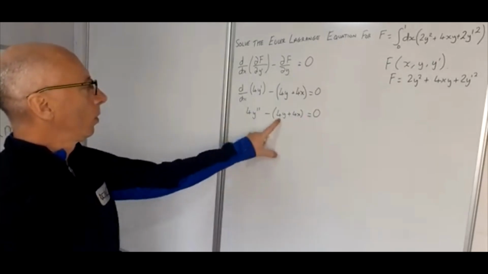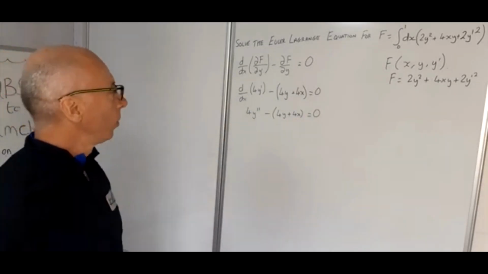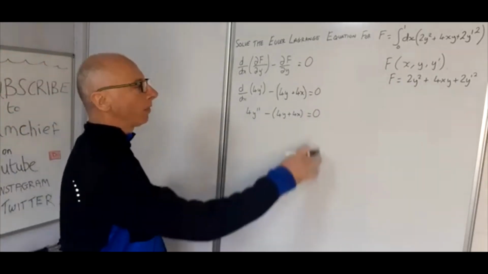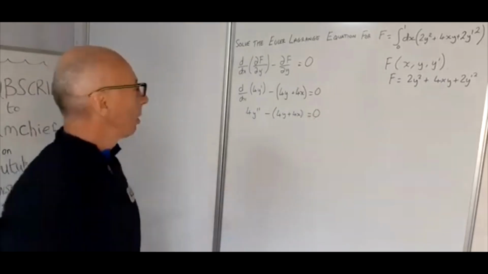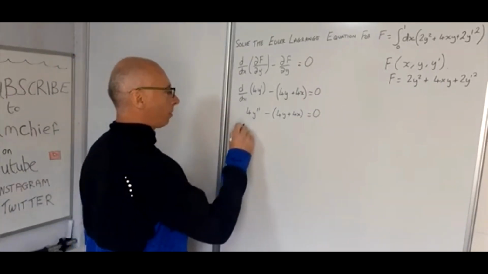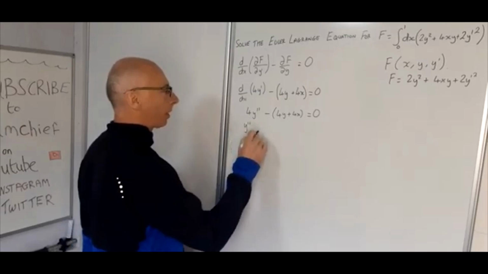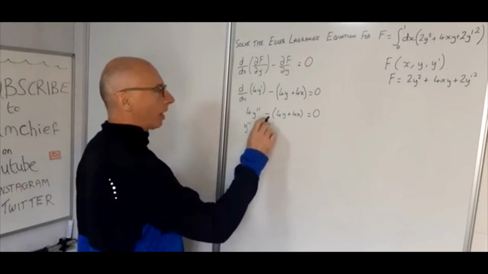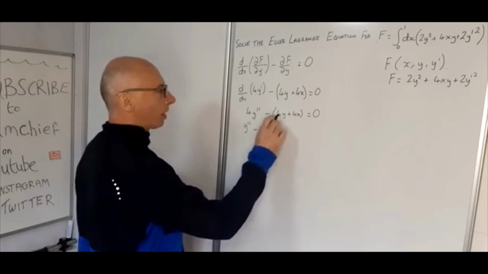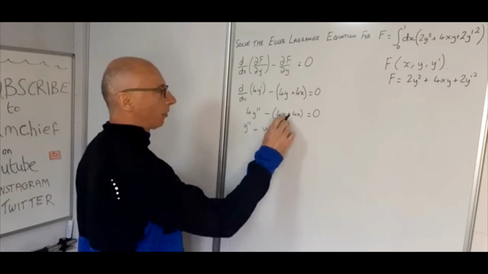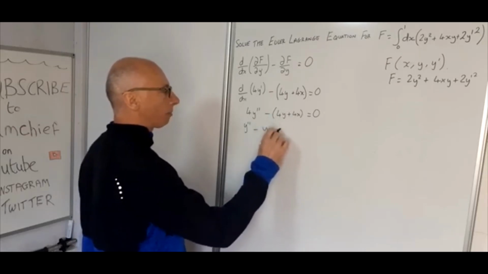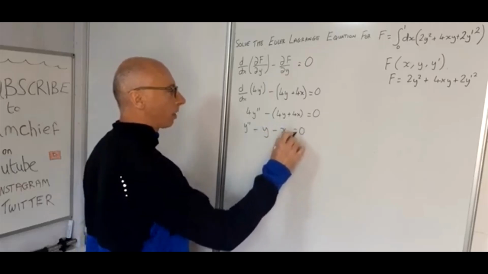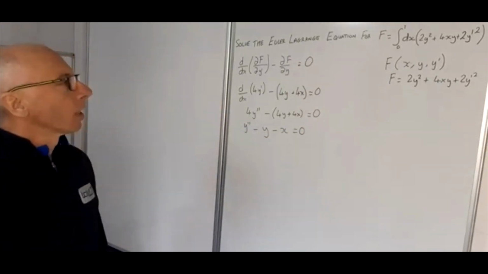Okay, well, we've got 4 as a coefficient of all the terms, so just divide everything by 4, and with the 0 we're still left with 0. So we can simplify this to y double prime minus y, and then let's distribute the minus to get rid of this bracket, so I prefer to remove that. That gives us minus x equals 0.